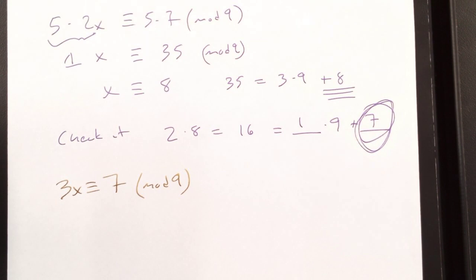What happens when you go to find your multiplicative inverse? We have to start multiplying things by 3 to see which one gives me a 1, mod 9.